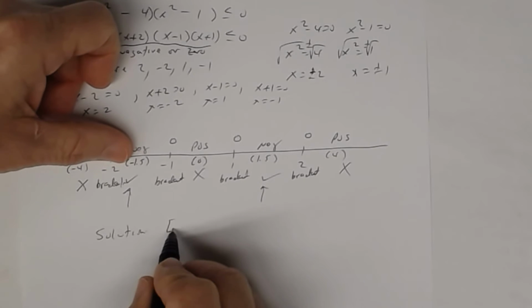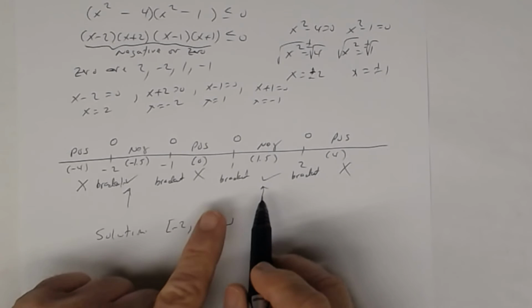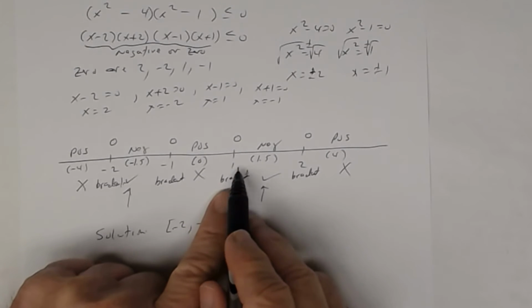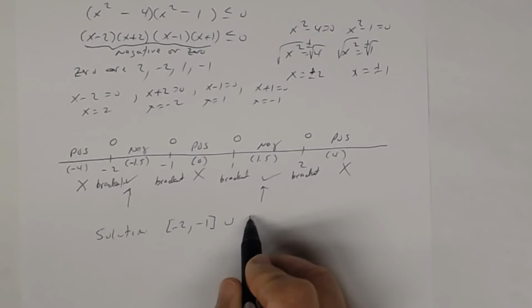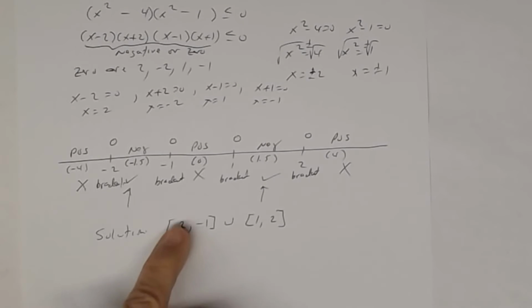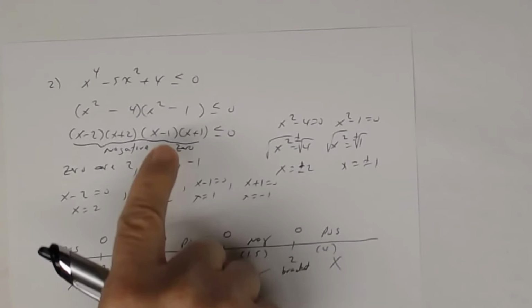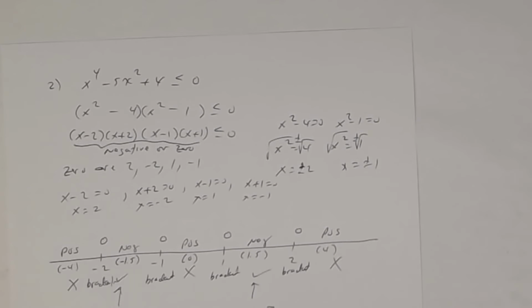So bracket negative 2 to negative 1, union, and then it's this one here from 1 to 2. Union, 1 to 2. And that's it. So any real number that's in one of these intervals is a solution to that original inequality.